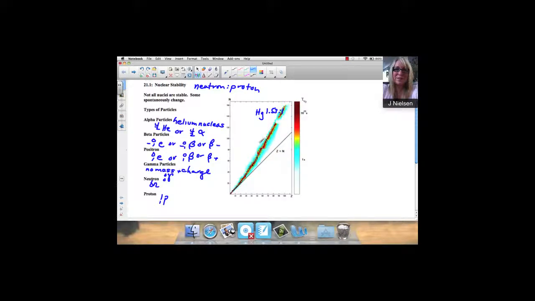This area is all the belt of stability. So as the nuclei get larger, you can see that the number of neutrons increases in order to keep it stable.